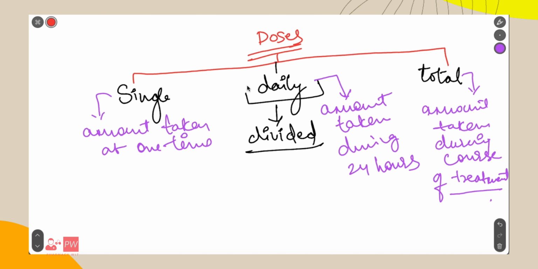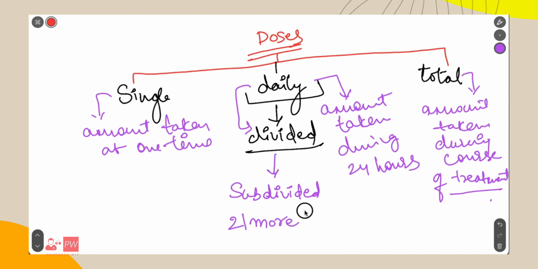As I told you before, daily doses are also expressed as a divided dose. So what is divided dose? The dose which is subdivided into two or more times per day. That is divided dose.